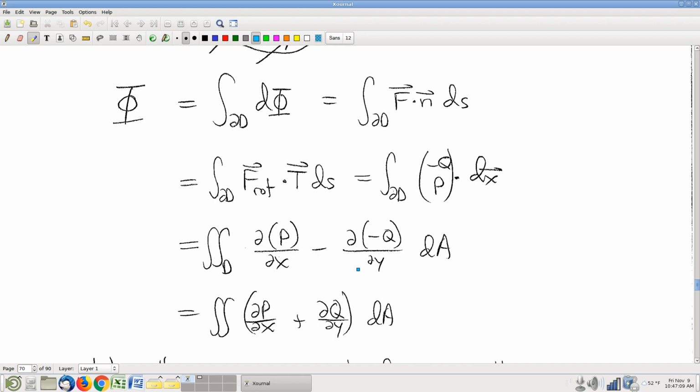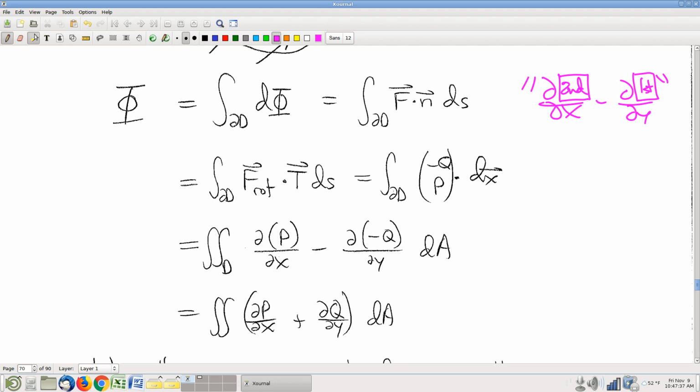is pq. But when we write down partial of q with respect to x minus partial of p with respect to y, what it really is, it's not whatever happens to be named q, it's what is the second component of the vector field. And this p, it's not whatever happens to be named p, it's whatever is the first component of the vector field. Right?